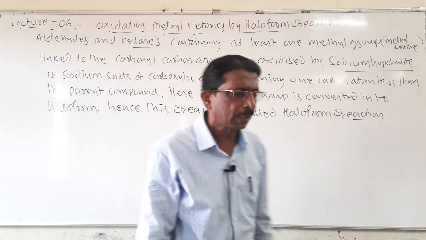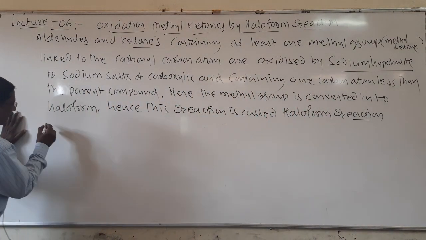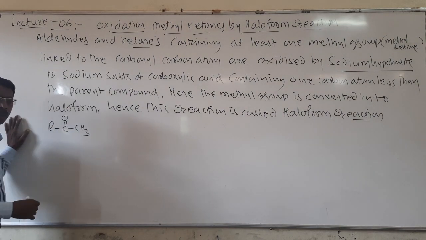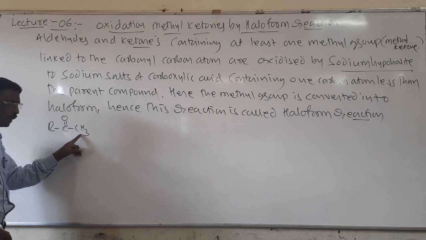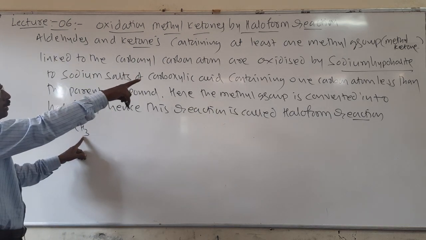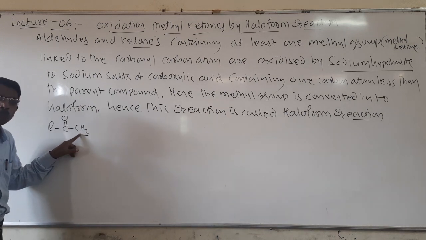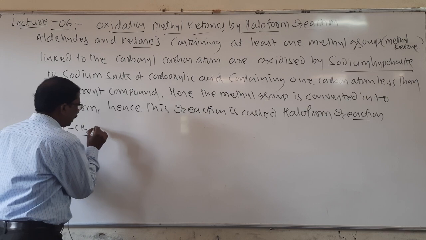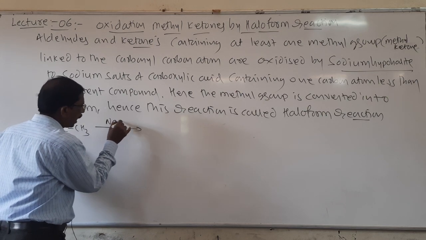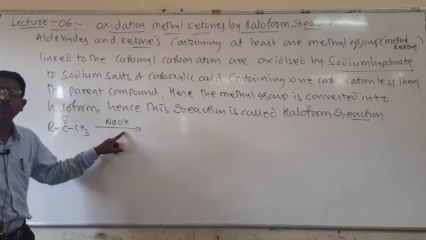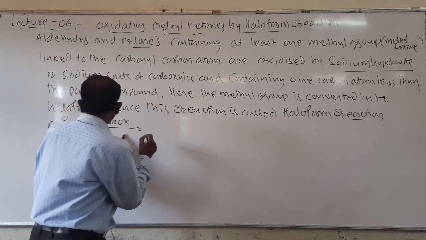Look here, a very simple reaction. I will write the general reaction: R C double bond O CH3. So the carbonyl group contains at least one methyl group linked to the carbonyl group. When it is treated with sodium hypohalite, NaOX, it undergoes oxidation.